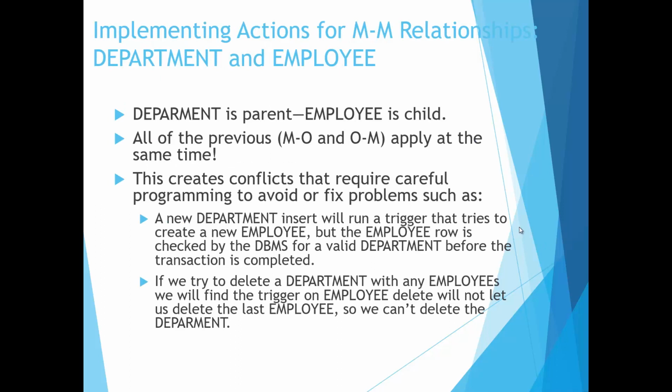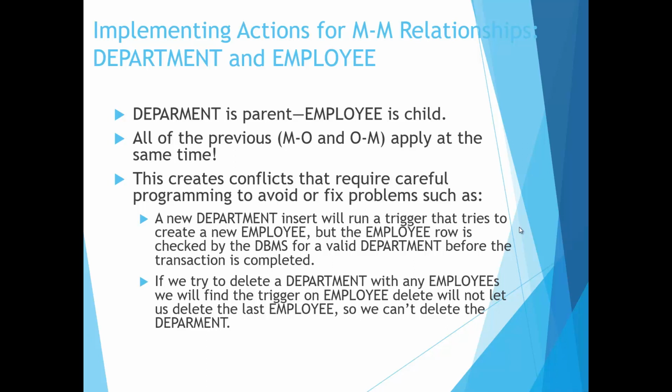A third example: if the department and the child entity were both mandatory, all of the previous mandatory to optional and optional to mandatory actions will apply at the same time. This will create a conflict that requires careful programming to avoid or fix the problem, such as if a new department insert will run a trigger that tries to create a new employee, but the employee row is checked by the database management system for a valid department before the transaction is completed.